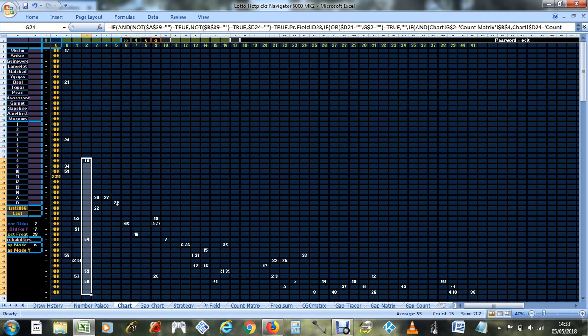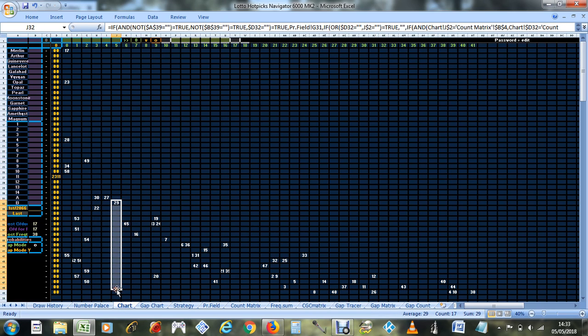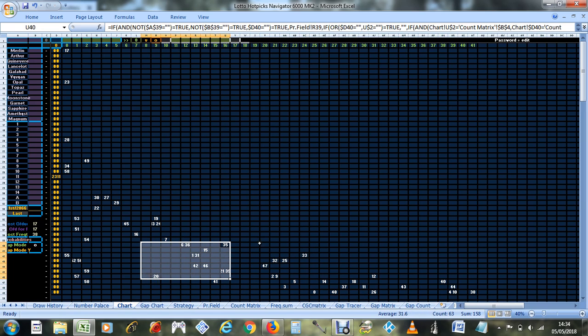So larger gaps happen less often, and smaller gaps are much more frequent. So we get this curve, as you would expect.